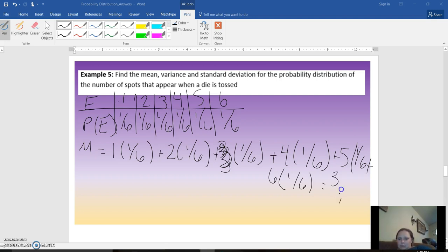All right, I get 3.5. And you probably would think it's 3. It's 3.5. All right, so this variance looks very similar to this formula.